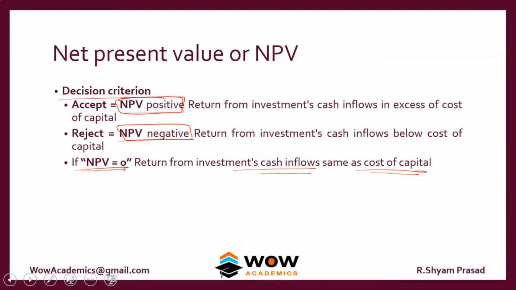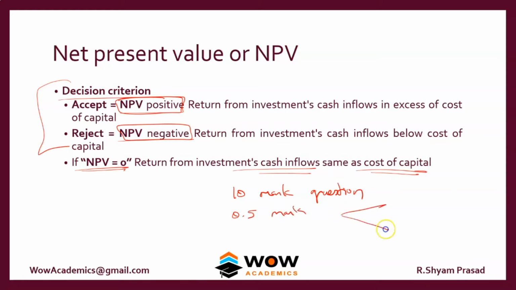From an exam point of view, these things are very important, because in a 10-mark question, if you compute the answer and finally you say whether to accept a project or reject a project, that alone carries a 0.5 mark. So after computing, you say accept or you say reject, that carries half a mark.